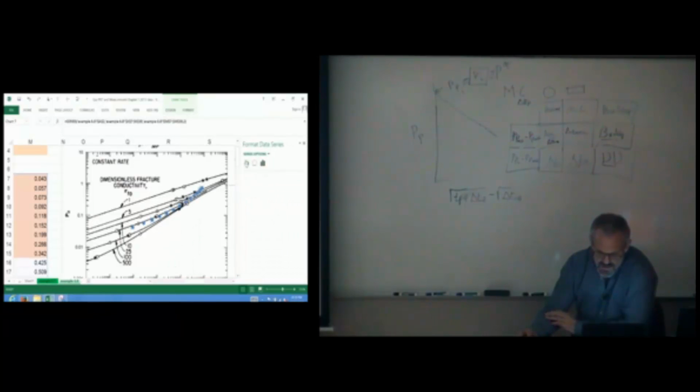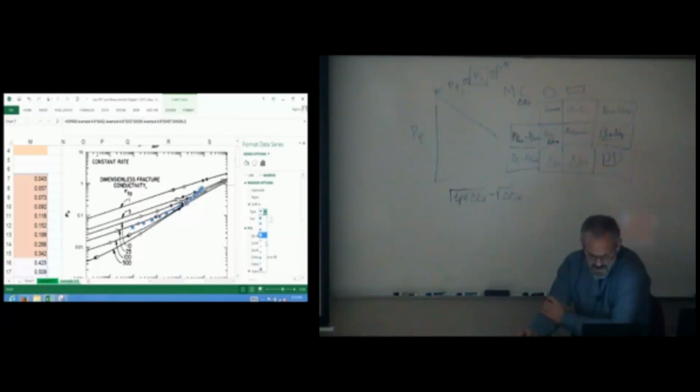I'm going to play with this for a second. Did you change your time basis for T D X F? Yeah, it has to be based on the actual time.